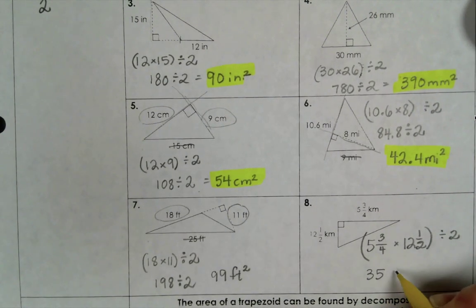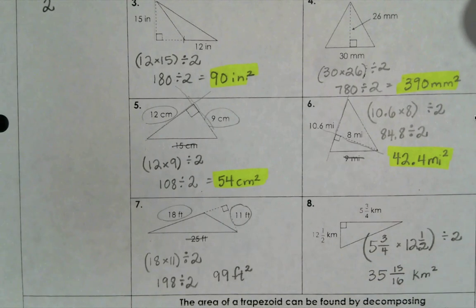And we get 15/16 kilometers squared. Okay.